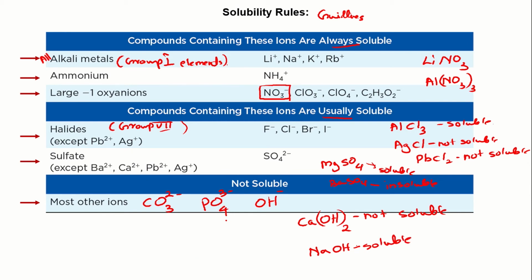Let's take another example, something like magnesium phosphate. Is this soluble or not? This is not soluble. Why? Phosphates are usually not soluble.